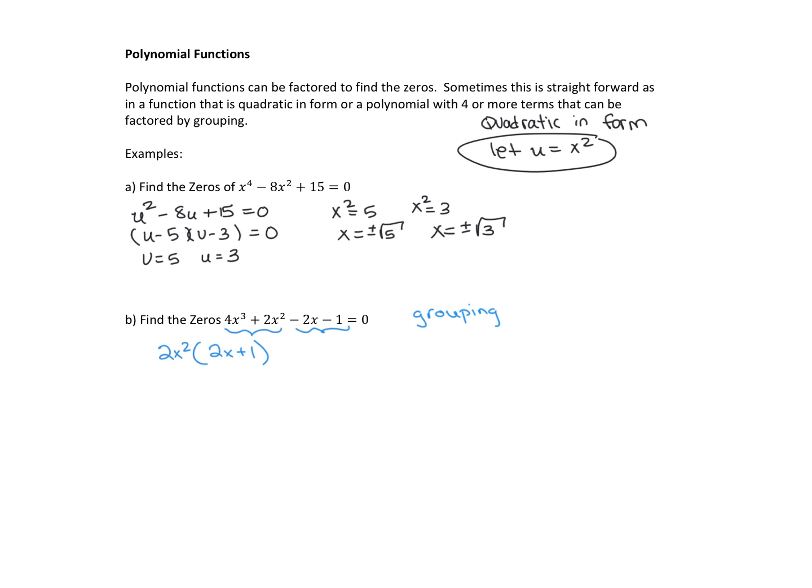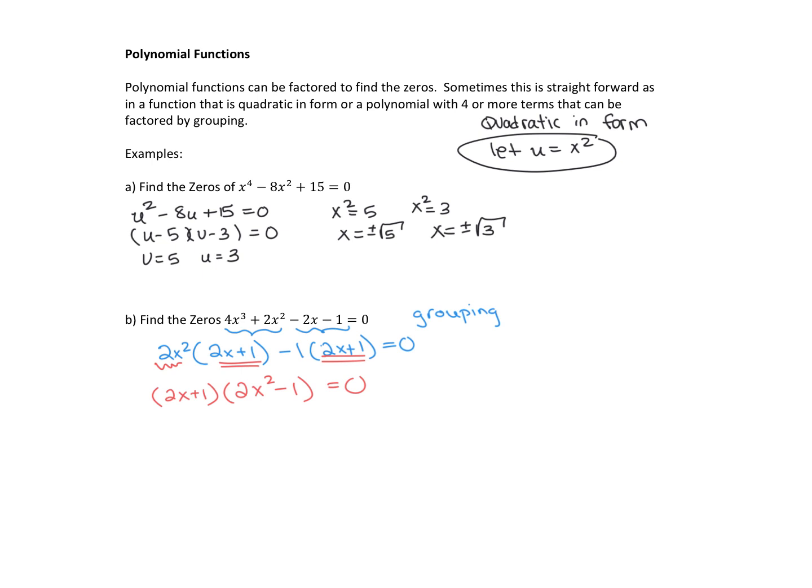In the next 2, I can factor out a -1, and that's also going to leave me with a 2x plus 1. Now I notice that this 2x plus 1 is common, so I'm going to factor that out, and I'll be left with 2x squared minus 1 equals 0.